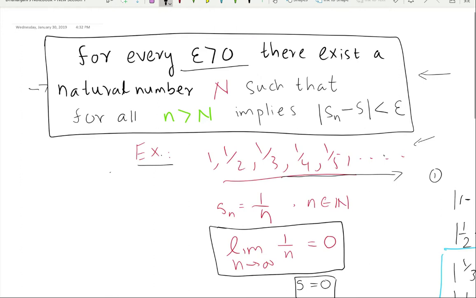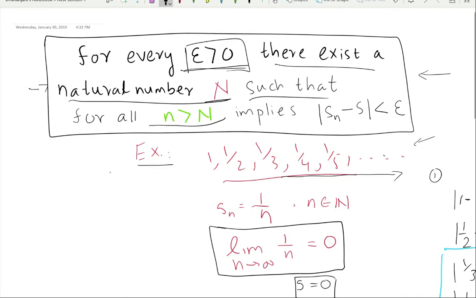The distance is positive, which is why epsilon is positive. So no matter how small epsilon is, there exists a natural number N. That means there exists a position capital N such that for all positions larger than N, the terms of the sequence are even closer to the limit s than epsilon, even closer than the accuracy that you give. This is the characteristic that a convergent sequence has.